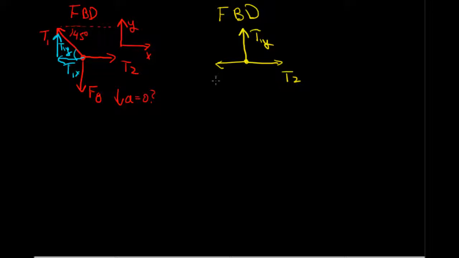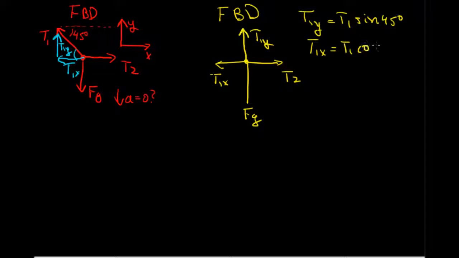The other horizontal direction is my T1X, and my vertical direction is the force of gravity. We know that T1Y is equal to T1 times the sine of 45 degrees, and T1X is equal to T1 times the cosine of 45 degrees, because those are the X and Y components of the T1 tension vector.